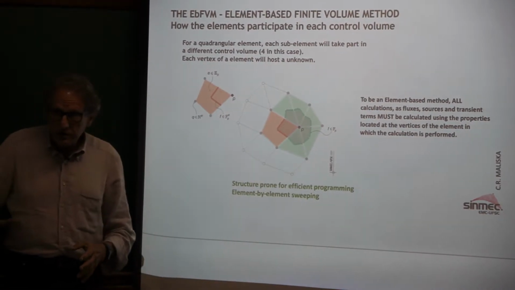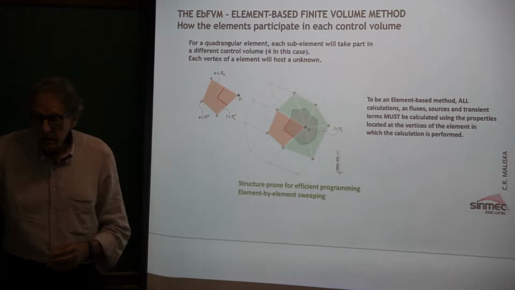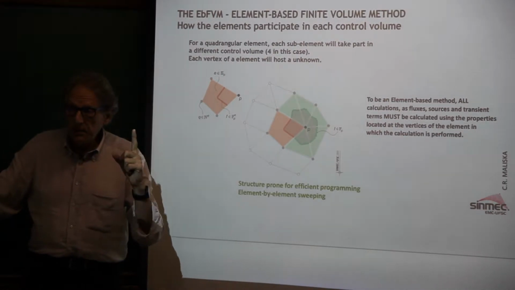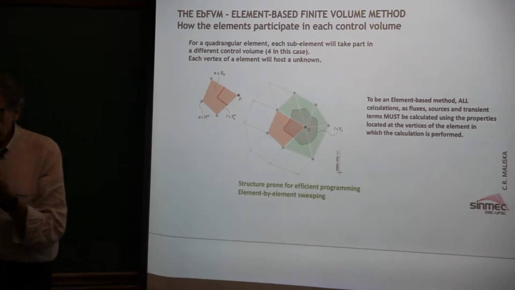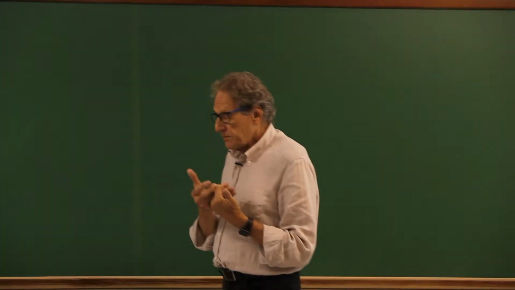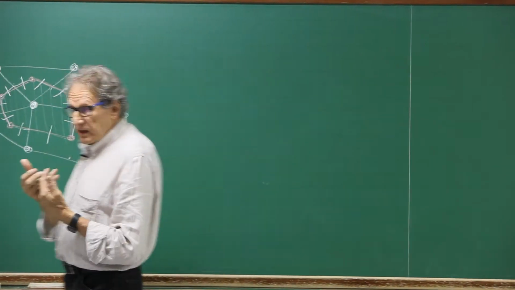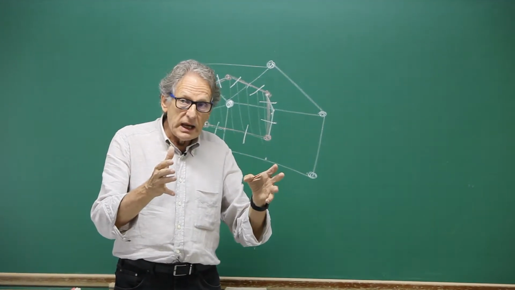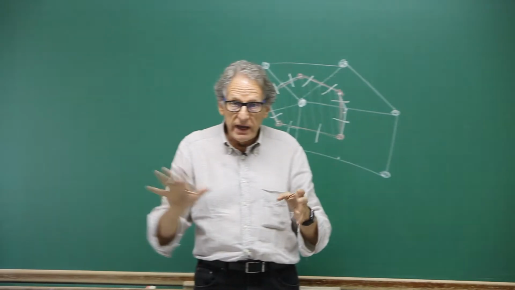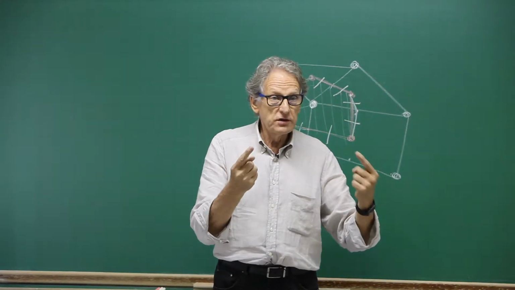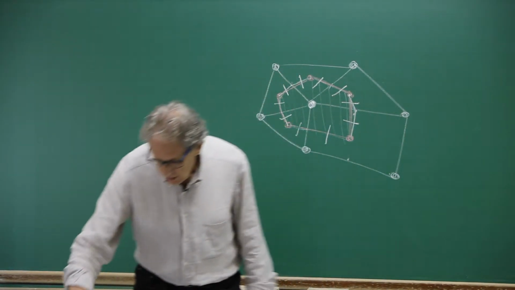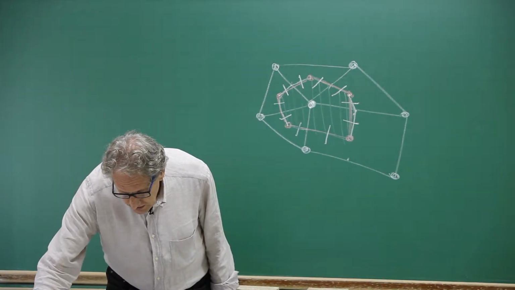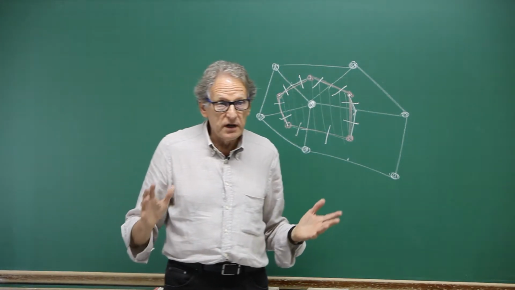In the element-based approach, you sweep the domain on an element-by-element basis. That's the nice thing of the methodology. It is clean for each element, and then we sweep the domain constructing the conservation equations. We are going to talk about that. What are the advantages of the element-based finite volume method?